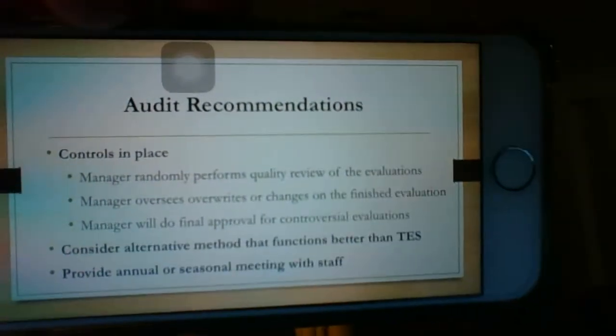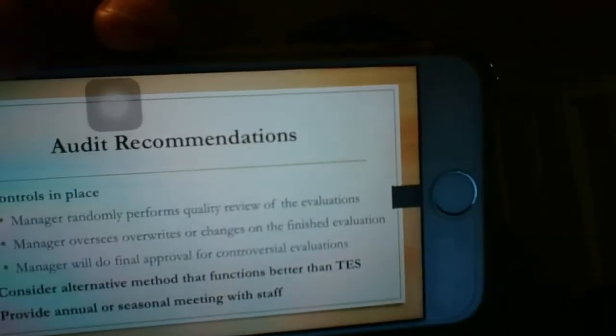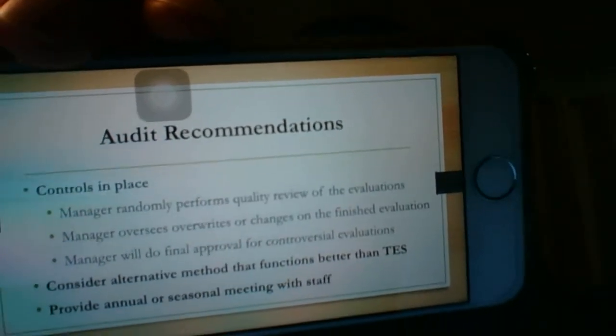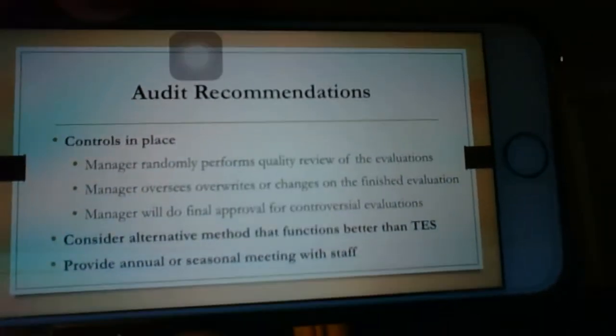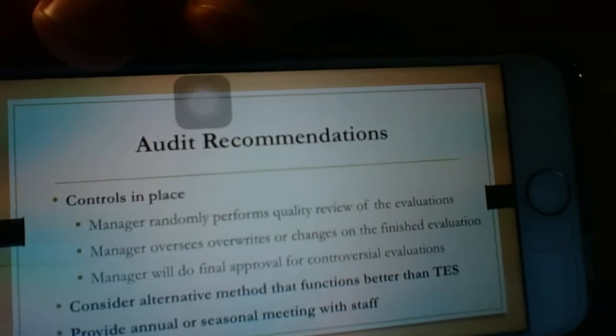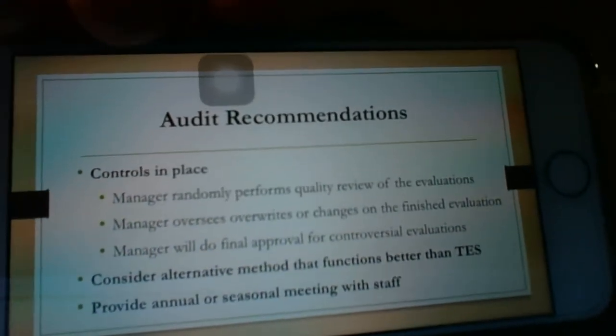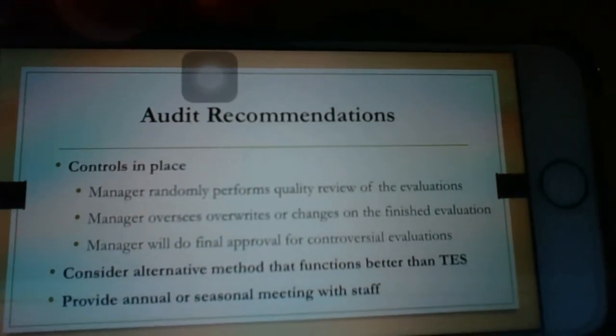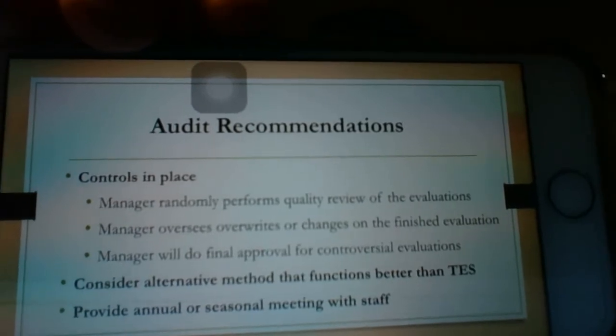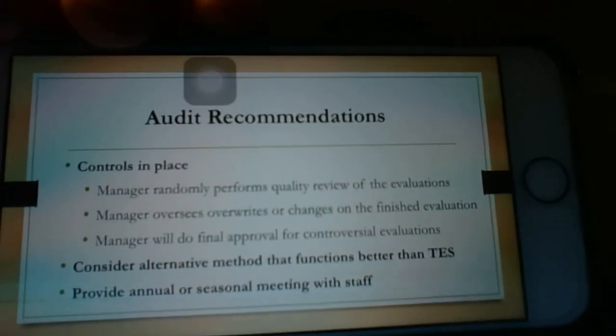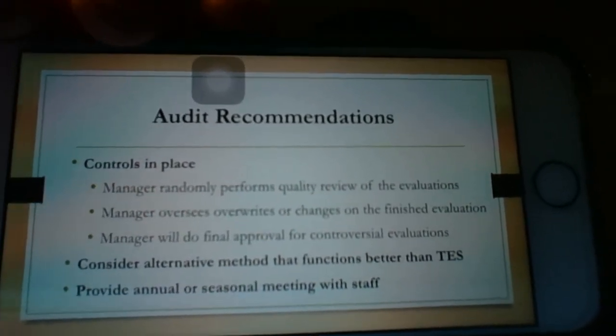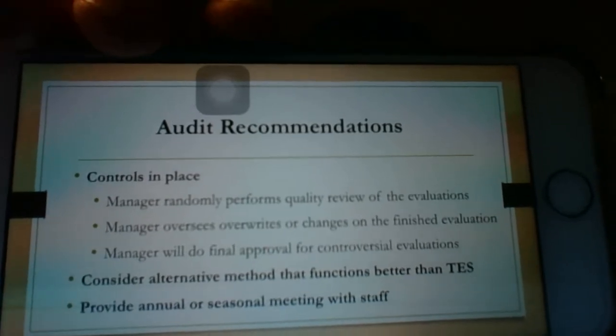The first one is that I think they can put more controls in place, which is very practical and palatable for them. The manager could randomly perform quality reviews of the evaluations, and the manager can also oversee any overrides or changes on finished evaluations.